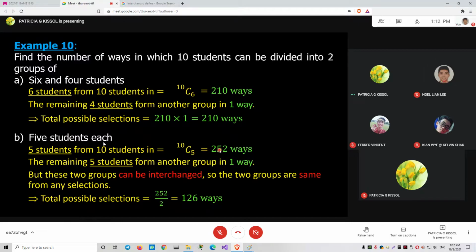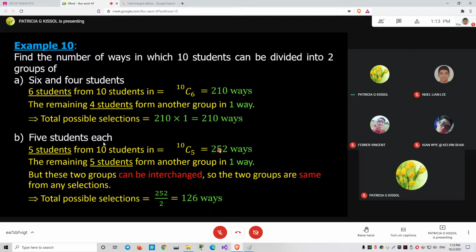So therefore, because of that notion, since from the 10 students, one group is 5 students and the other group is 5 students, they are considered interchangeable because they have the same equal number of students. And that is why we have to divide by 2. Remember the explanation I gave you just now, if you have 2 persons, the process of giving gifts from A to B or B to A is considered as one process, not two.